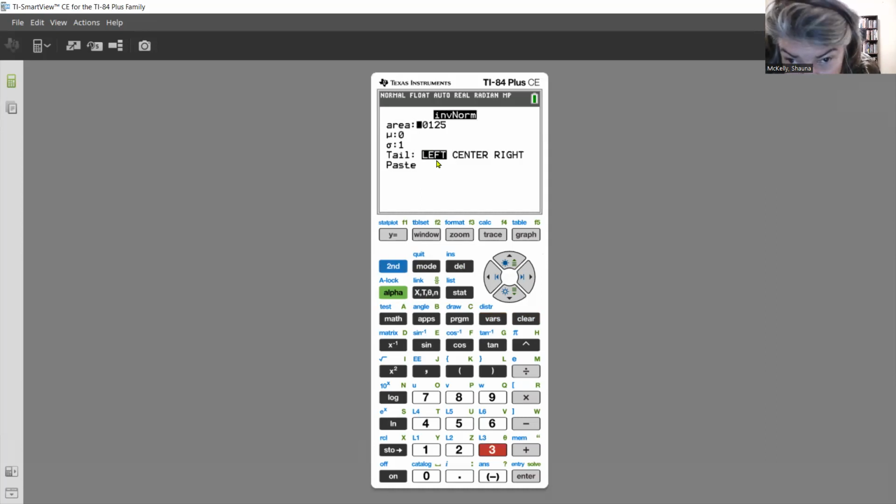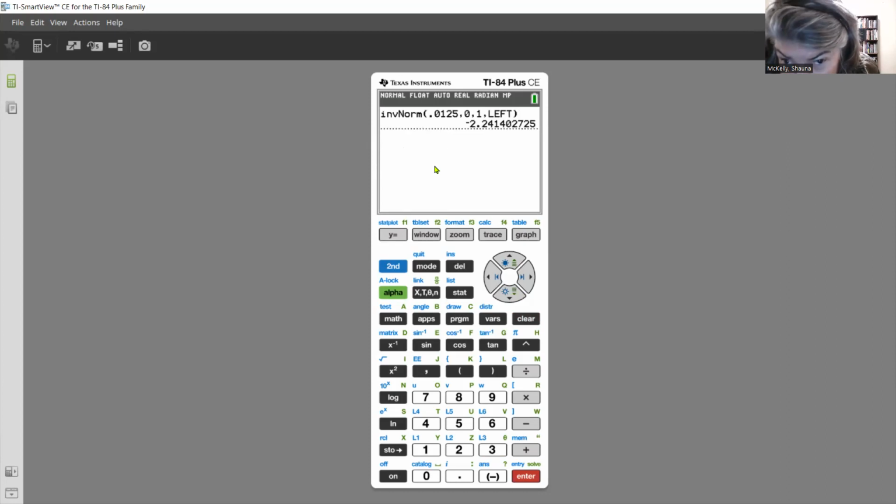It's just going to tell you tail, all right? But the area that I put in is 0.0125, 0 and 1, and I'm going to paste it. And that's going to give me negative 2.24, as I said.